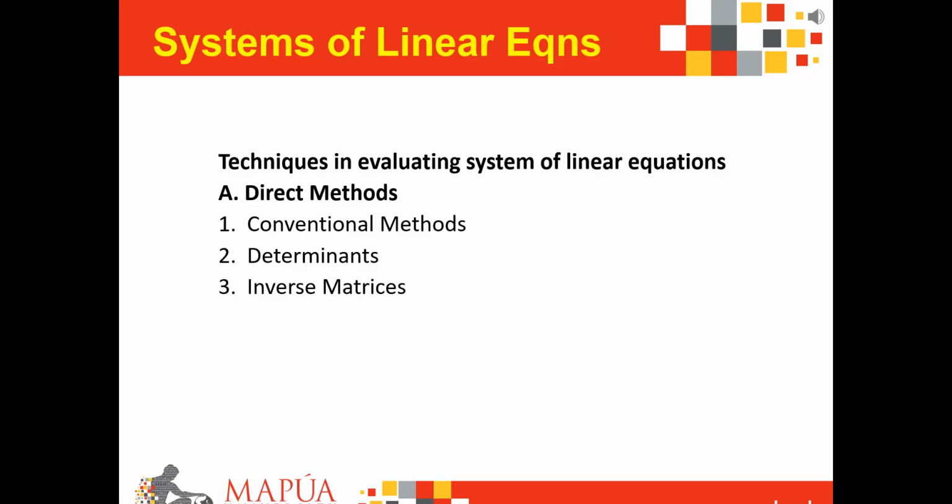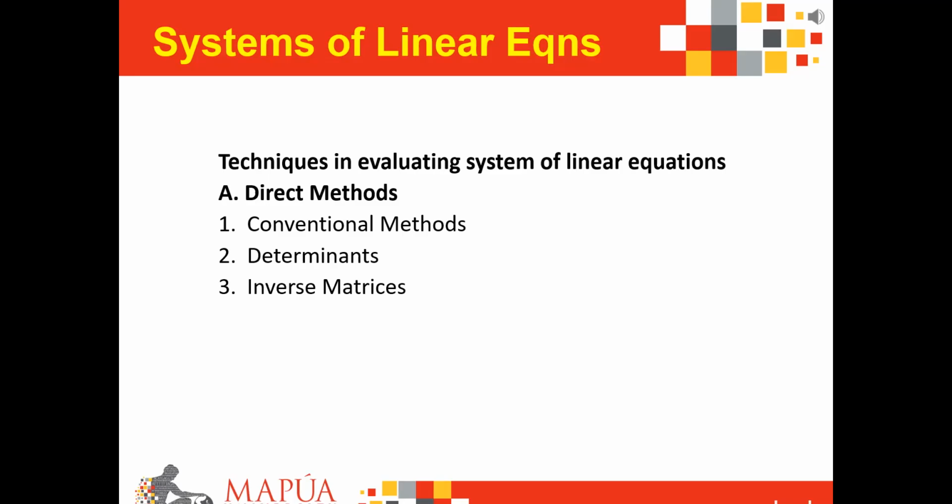You may also apply the inverse matrix, since your system of linear equations can be written as a matrix. Therefore, in order to establish the unknown variables and evaluate their values, you simply apply the inverse of your given matrix A and multiply that with your constant matrix.